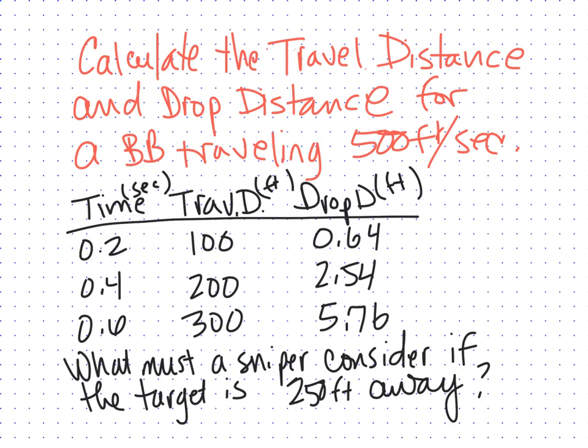And the drop distance, based on drop distance being equal to 1/2 gt squared, the drop distance is 0.64 feet, 2.54 feet, and 5.76 feet.